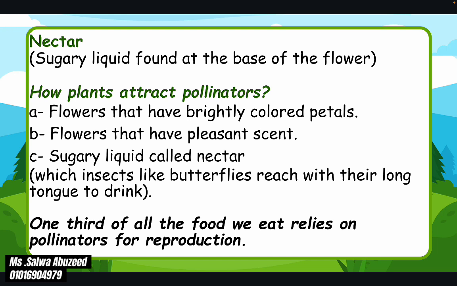So why would a bee or a bird go to a flower? Because they're going to get their food. What food do they get from the flower? The sugary liquid in the base of the flower, which we call nectar. So there is nectar in the flower that attracts the insects, the pollinators, so they go to it and feed on it.